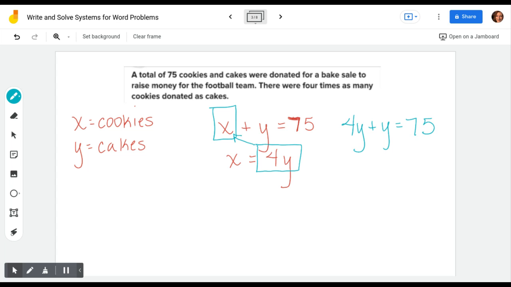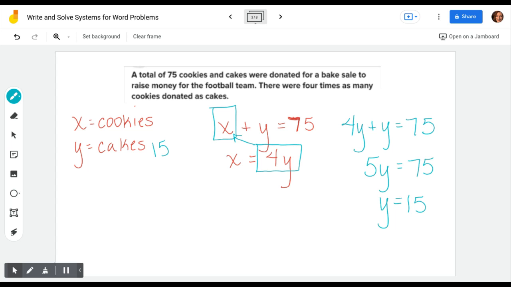I just pulled out the X and I replaced it with the 4Y. So that tells me that 5Y equals 75. Divide by 5, and you get that Y is 15. So I know that there are 15 cakes.